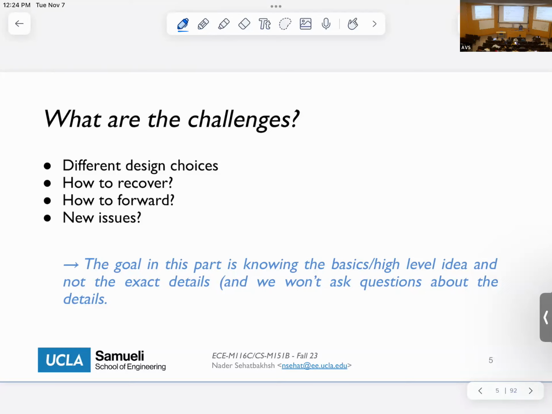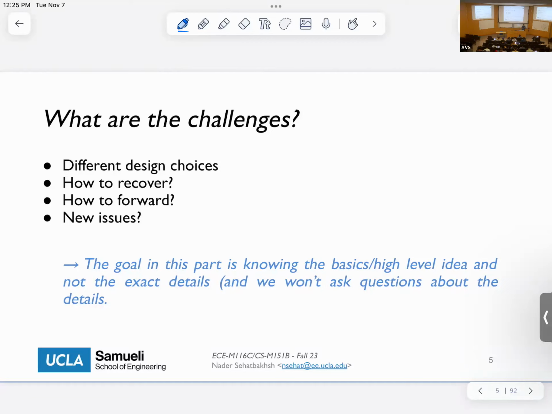But if you want to really go deep into out of order execution, you can either take the advanced computer architecture course CS 251, and then another course that I'm teaching in spring of this year, which is also on advanced computer architecture. There we're going to actually talk more about out of order execution. Here I wanted to introduce you to the concept so that you know the difference between in order and out of order.